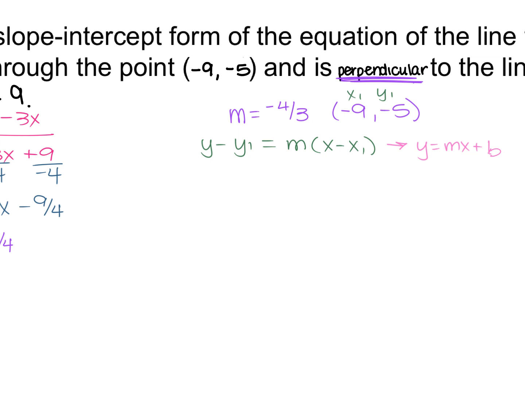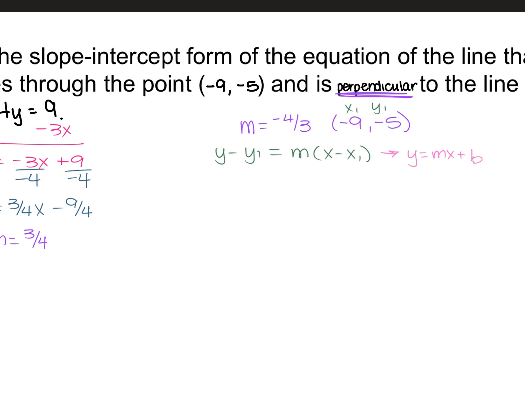So if we plug our values into that point-slope form, we're going to have y minus -5 is equal to negative 4/3 times x minus -9. Double negatives on both sides of that equal sign become positives. So that's y plus 5 is equal to negative 4/3 times x plus 9.